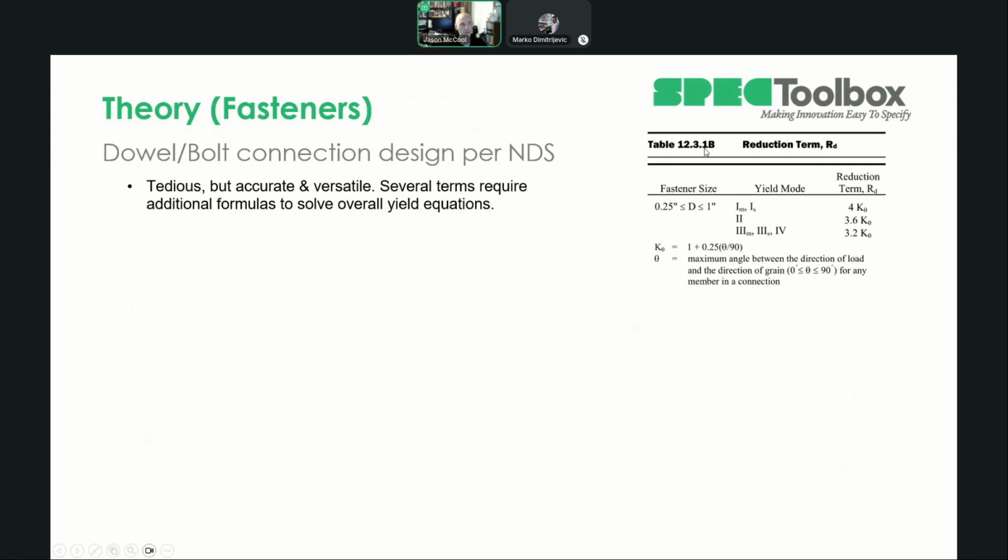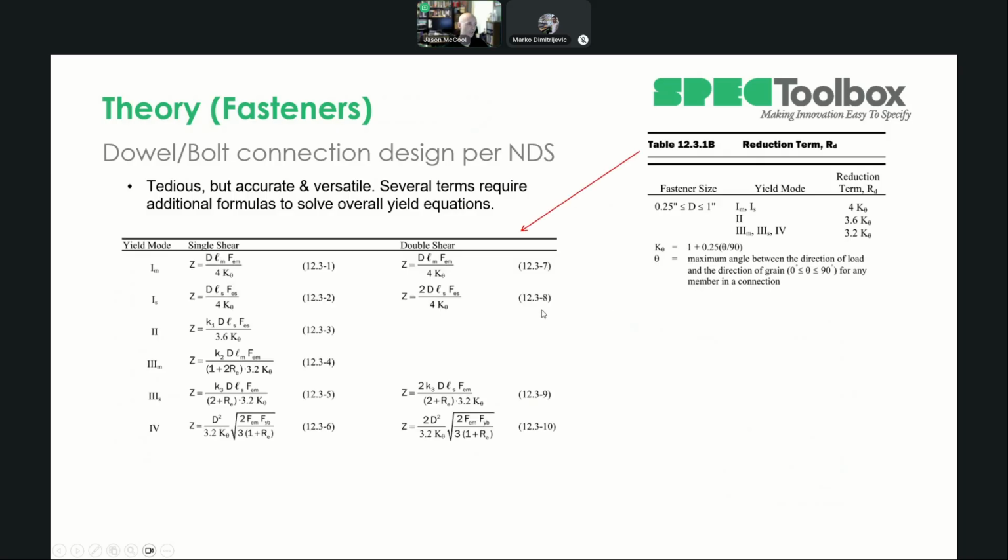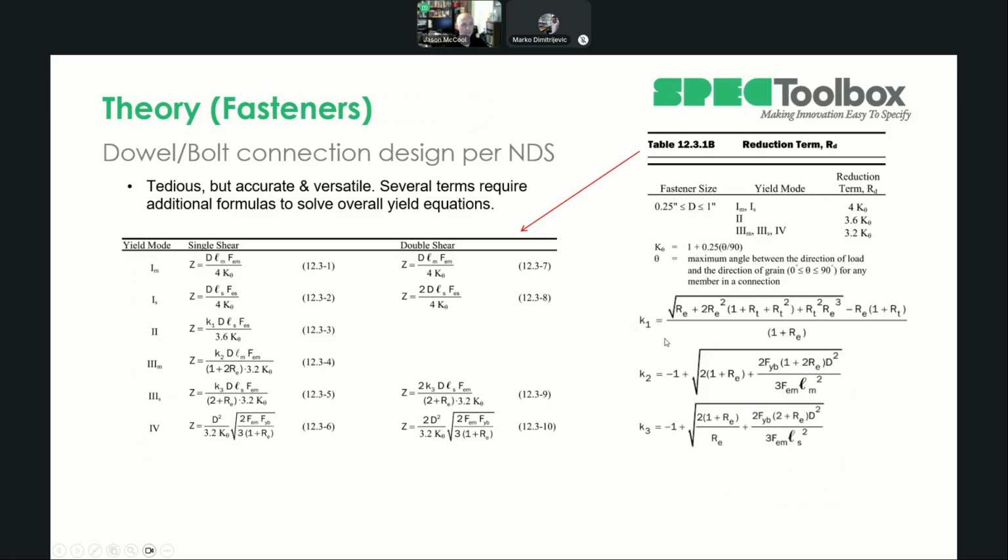So we go over to table 12.3.1B, and that reduction term in each of the equations actually takes on one of three different values depending on the yield mode. And that's based on the angle of loading with respect to grain direction. So if we substitute those in, then that changes up the formulas a little bit here. And then, of course, these K factors here make it quite a bit more complex.